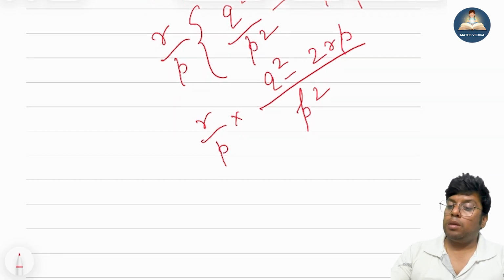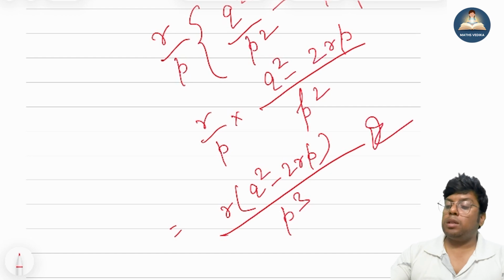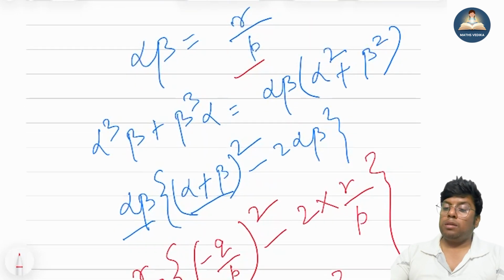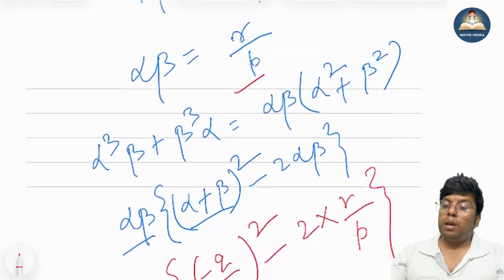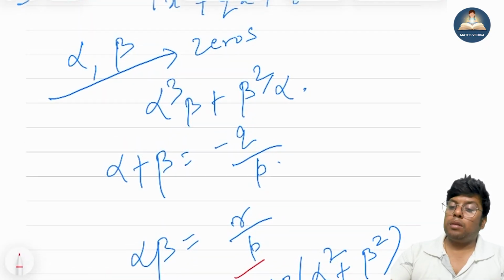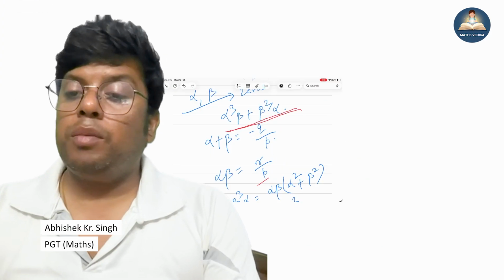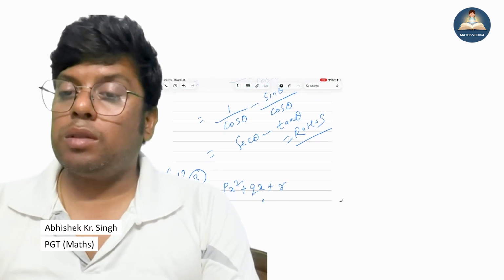Okay, so we'll have r into q square minus 2rp divided by p cube. So this is the answer. This is the value of alpha cube beta plus beta cube alpha. Okay, I hope you understood the solution.